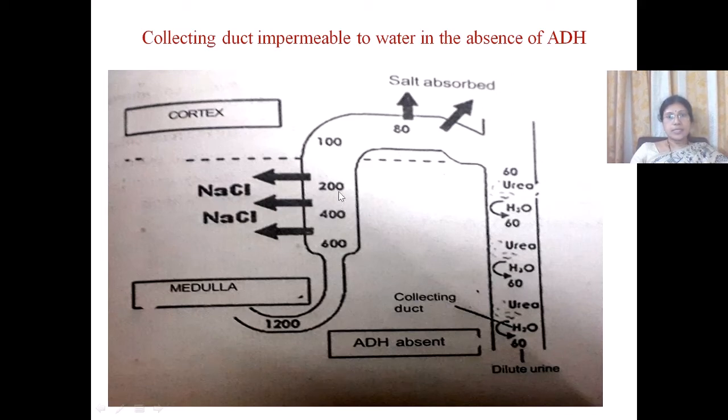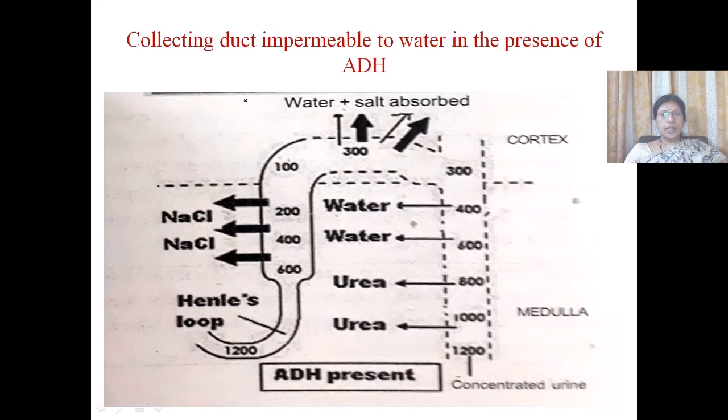As a result, the permeability of the collecting tubule will not increase and water reabsorption will not occur. Thus, a great amount of water is excreted out through urine. The reabsorption of water is different in the distal part of the nephron in the presence and absence of antidiuretic hormone.